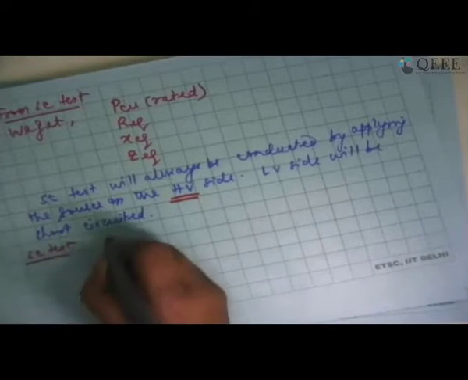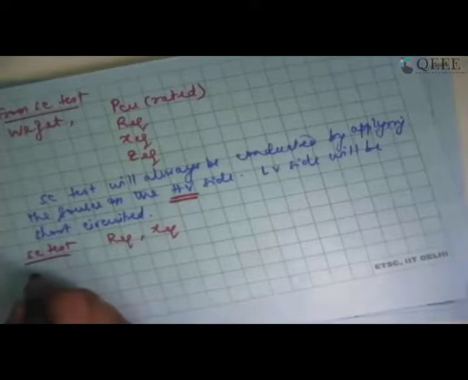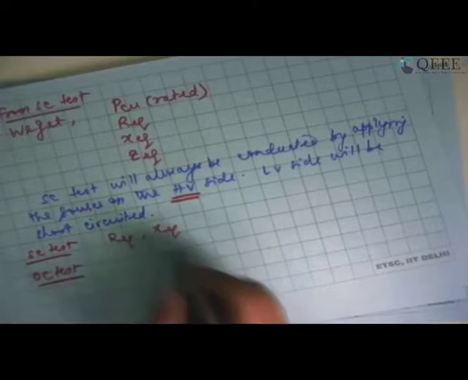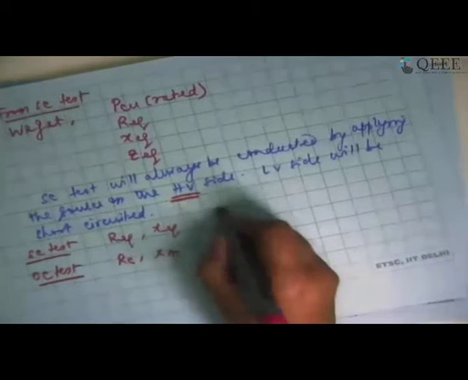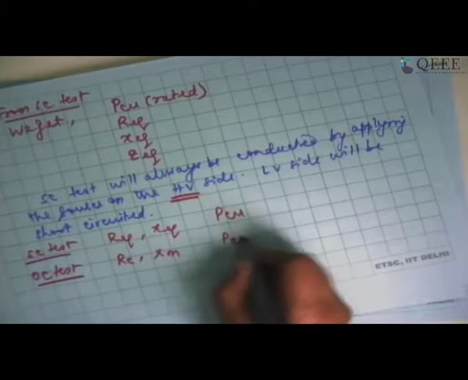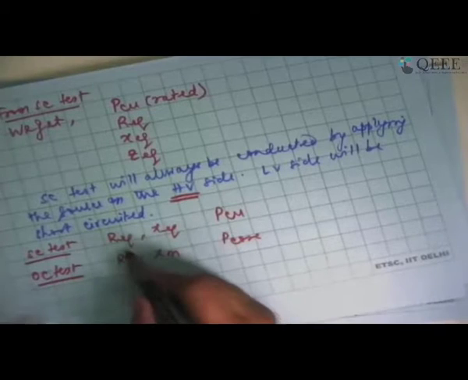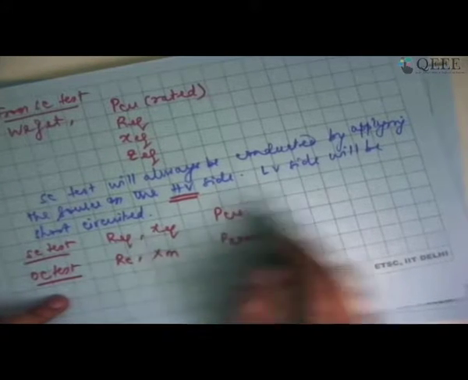I have got R equivalent and X equivalent, and from the open circuit test I have got RC and XM. From here I have got copper losses. From here I have got core losses, right? We will not be able to get R1, R2 dash or X1, X2 dash separately.